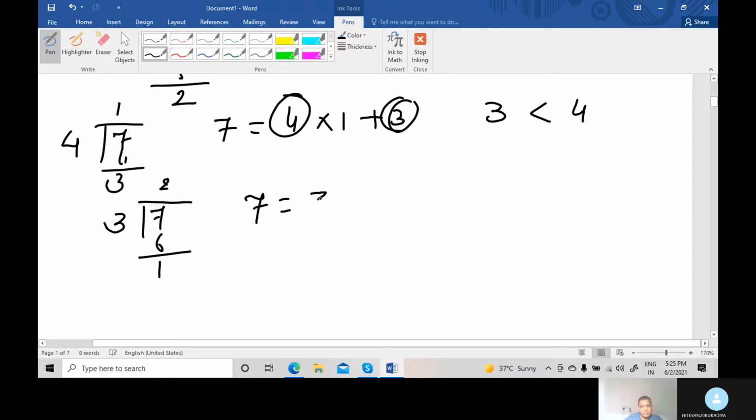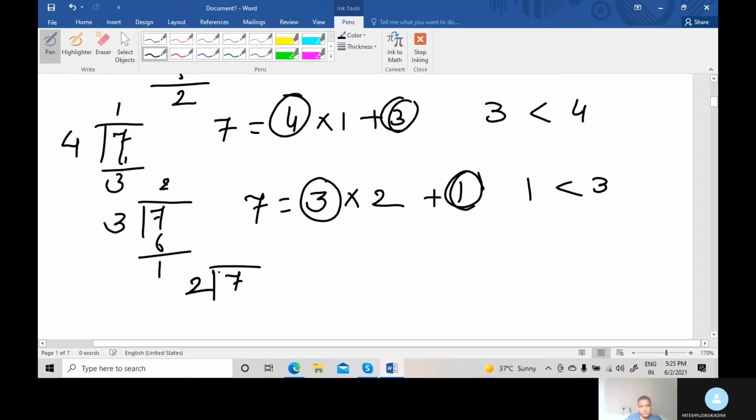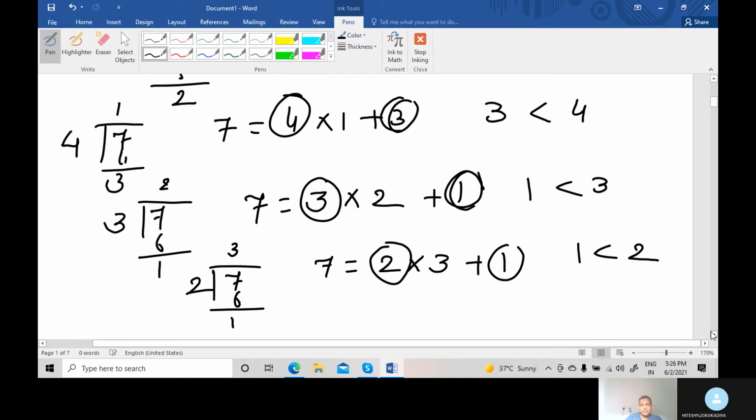Again 7 equal to 3 into 2 plus 1. So the remainder is again smaller than divisor. 7 divided by 2. 2 threes are 6, again remainder 1. So 7 equal to 2 into 3 plus 1. Remainder 1, divisor 2, so again 1 less than 2.